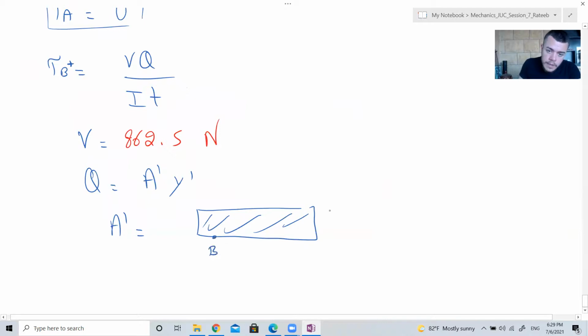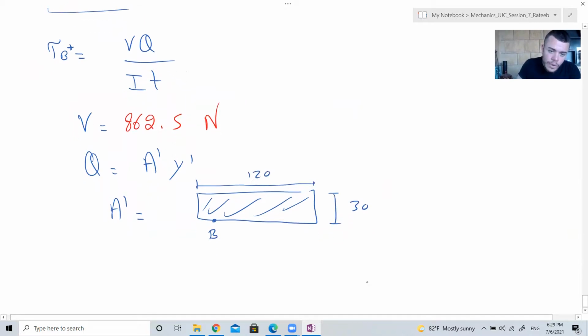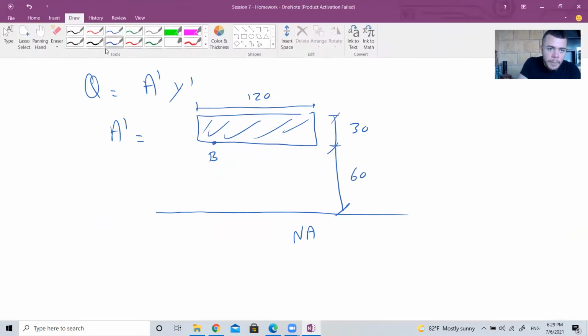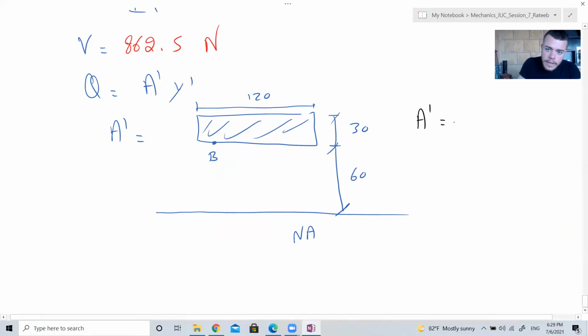This is point B, so this is 30, this is 120, and this is the neutral axis, at a distance of 60. So area prime is 30 times 120, which is 3,600.